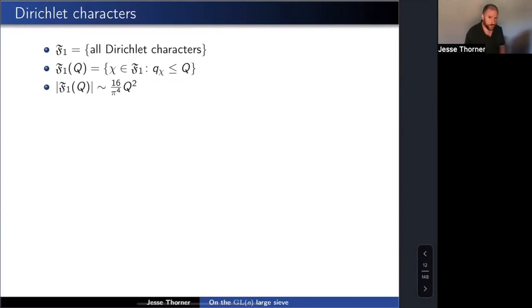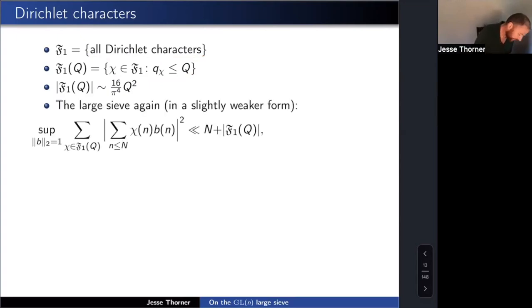We actually know how large this truncated family is. Again, all the characters that I'm considering here, I want them to be primitive. All right, so we can count these characters.